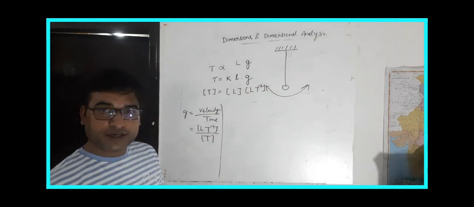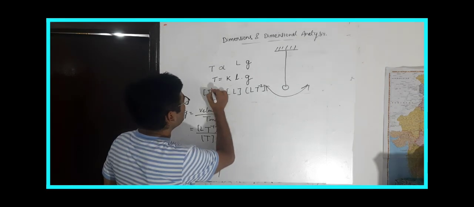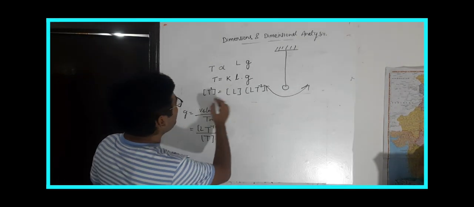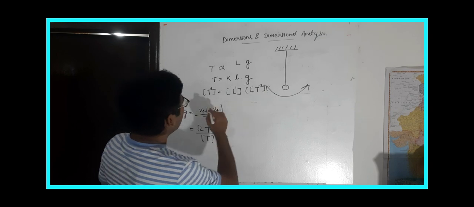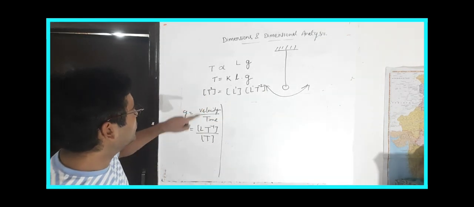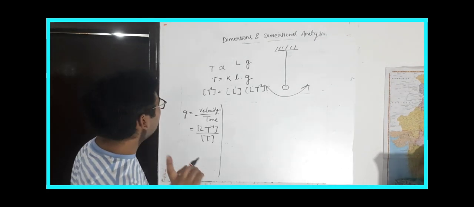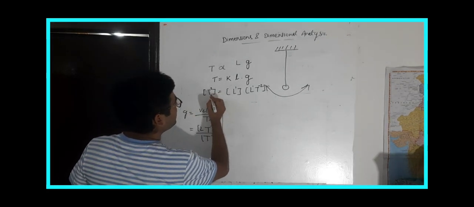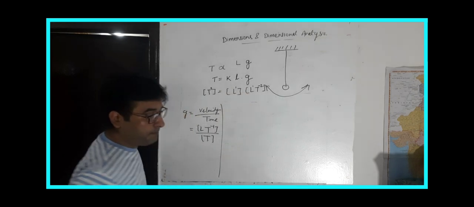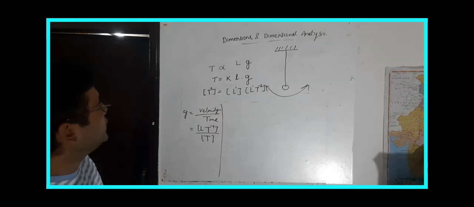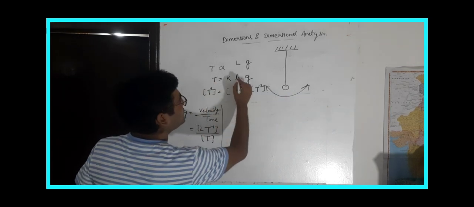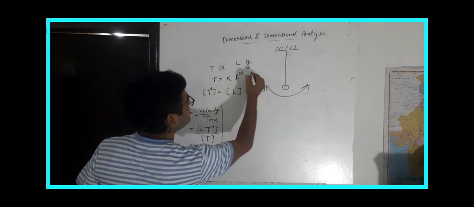Now we will compare the powers. For example, let us compare the power of T. Before that you have to write some things. Let's suppose T is proportional to L to some power alpha and g to some power beta.